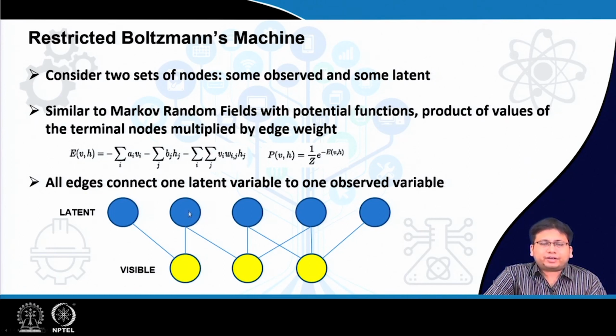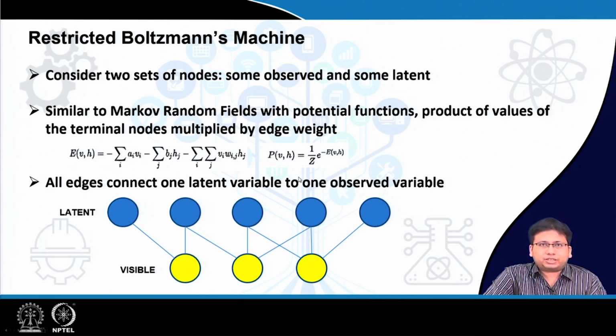So, unlike the Markov random field and the Bayesian network, in this case we are considering weighted edges. So, we multiply the values of the terminal nodes or variables with the edge weight, and that we can say is the potential of that particular edge. Similarly, every node by itself will have its own potential.